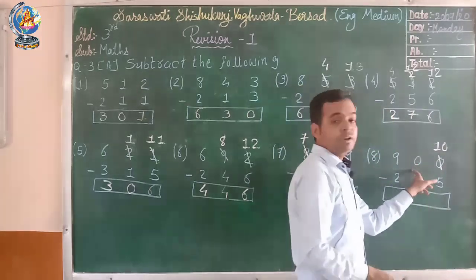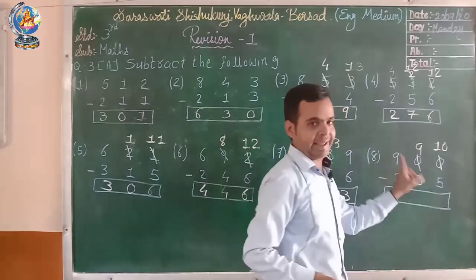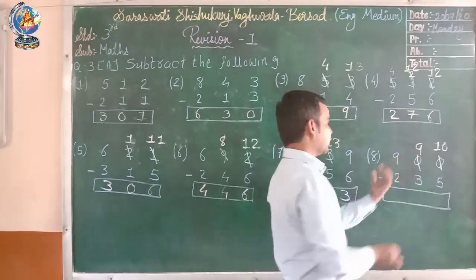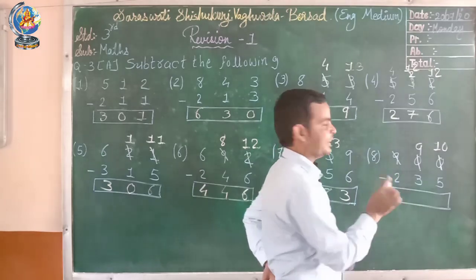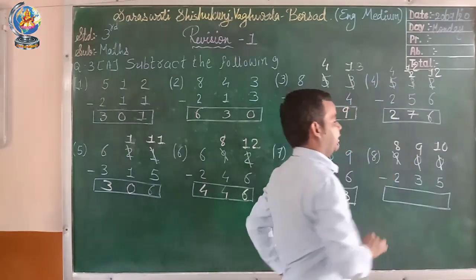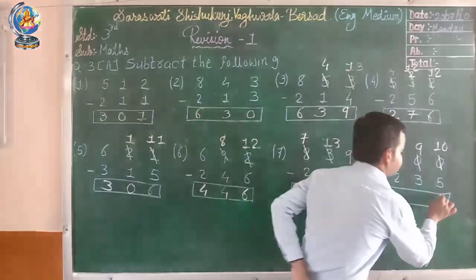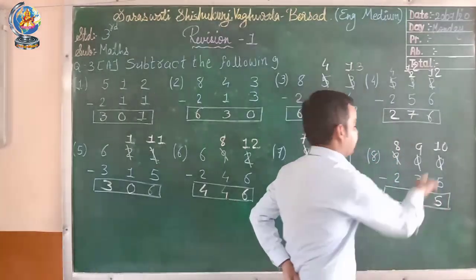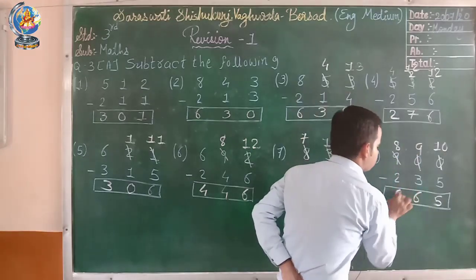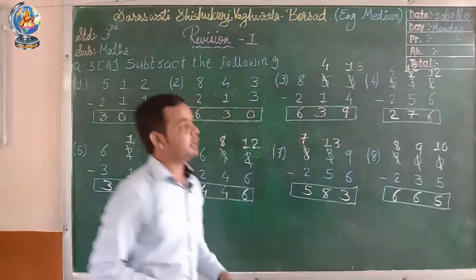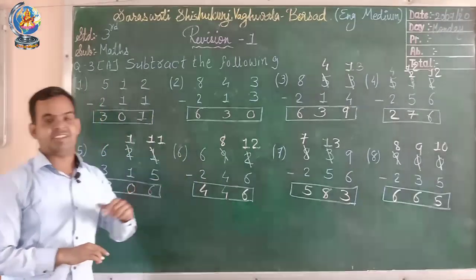Then you have to cut the next 0 and write 9. Again we have to cut 9, and the number before 9 is 8, so we write 8. Understood? Now 10 minus 5 is 5, 9 minus 3 is 6, 8 minus 2 is 6. Okay, understood about this topic? Now let's see it.